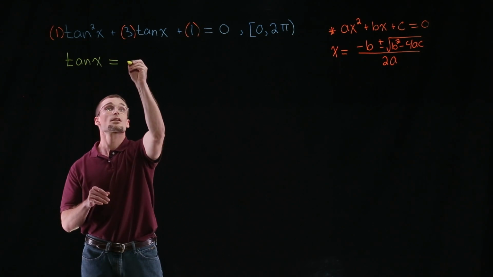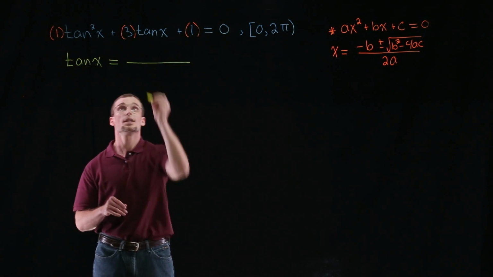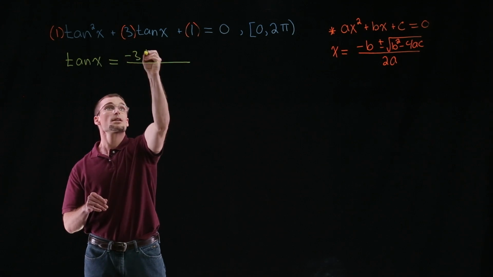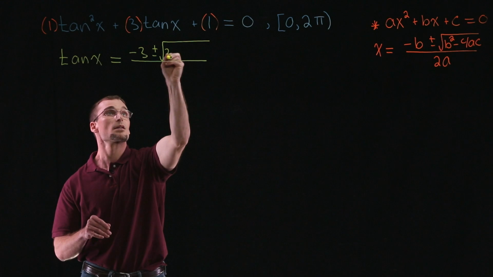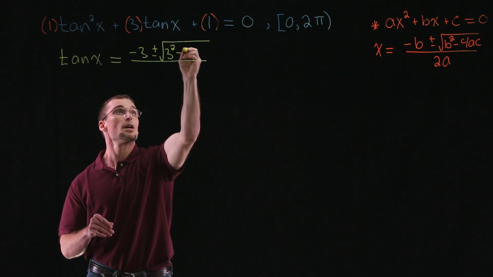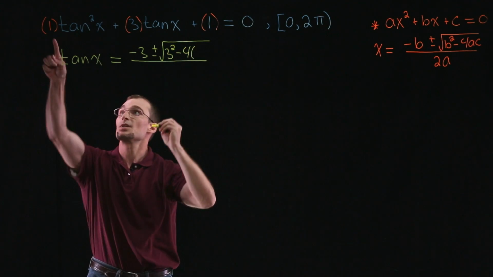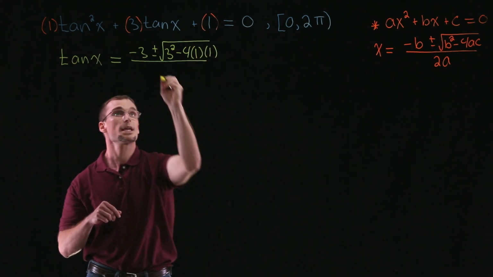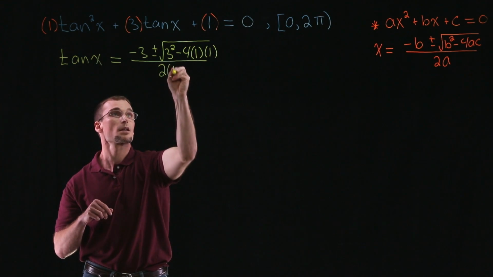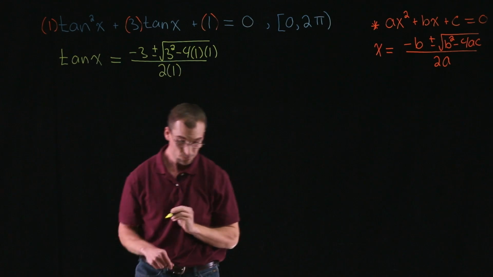So tangent of x is equal to negative b, or negative 3, plus or minus the square root of b squared, 3 squared, minus 4 times a, which is 1, times c, which is 1 on the end, all over 2 times a, or 2 times 1.